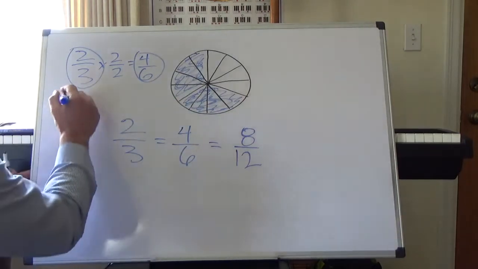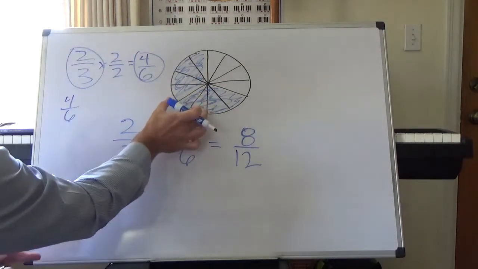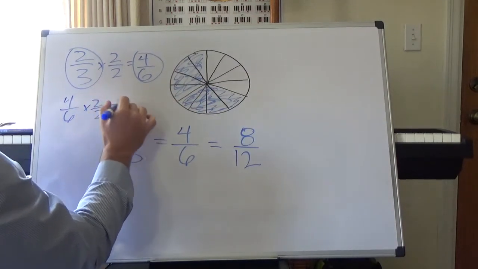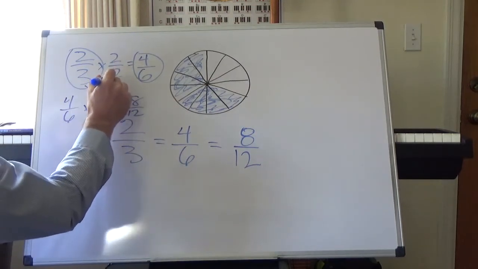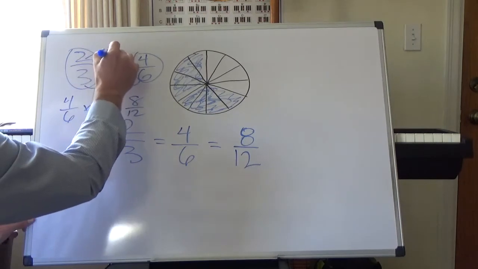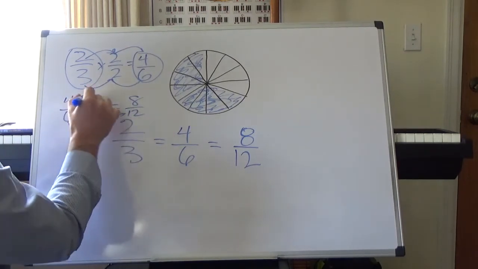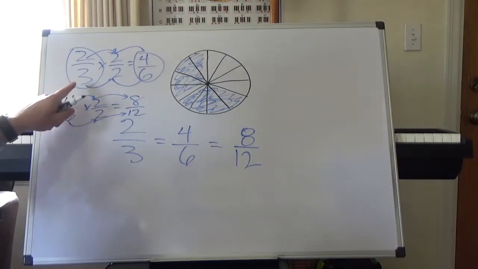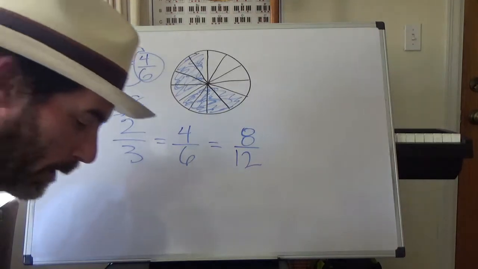So let's try 4/6. And then I cut every pie piece in 2, which is like multiplying it by 2/2. I get 8/12, because again, 3 times 2 is 6, 2 times 2 is 4, 6 times 2 is 12, 4 times 2 is 8, and remember when we multiply fractions, we multiply the denominator times the denominator and the numerator times the numerator.